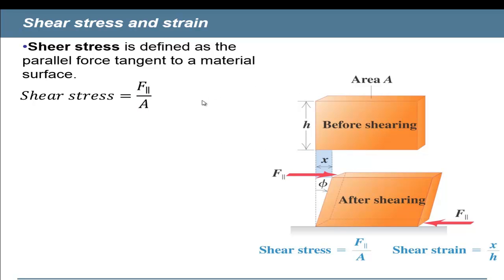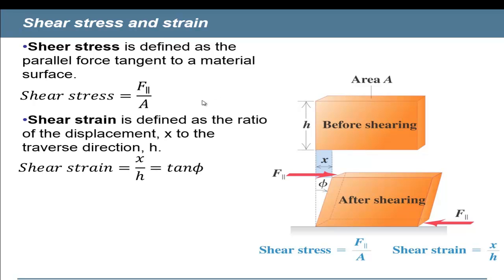The shear strain is then defined as the ratio of the displacement in x to the transverse direction h. What do we mean by that? We mean how much this part right here displaces, as a ratio of how high it is. This is its height, h. It has some height h, and then at the surface where the parallel force is applied, that surface displaces some distance x.